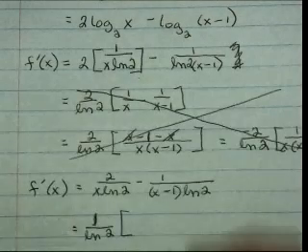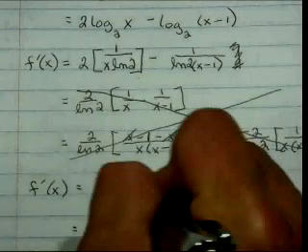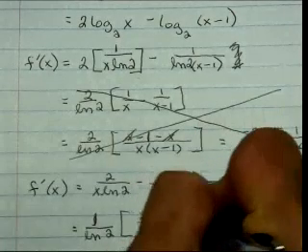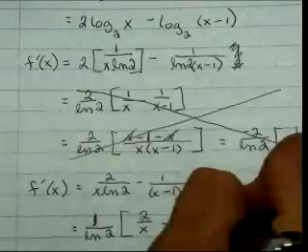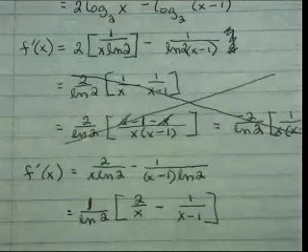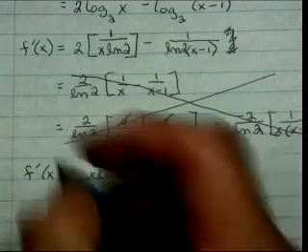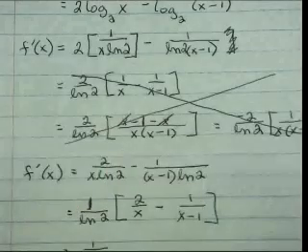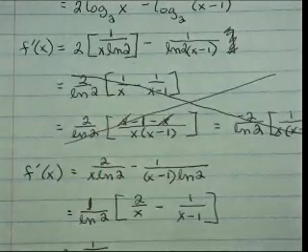That will leave me 2 over x minus 1 over x minus 1. And it's still not difficult to clean that up, to write it as a single fraction. I'm going to do that real quickly and trust that you know how to add fractions. You should.